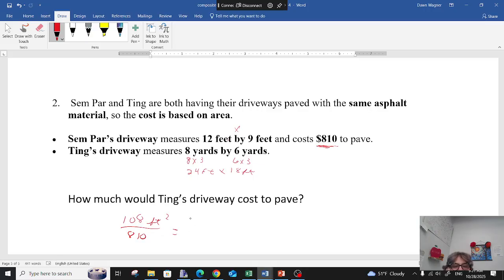Ting's, what's 24 times 18? 432 feet squared. And we're looking for the cost. So I'm going to cross multiply 108 feet squared equals, what's 810 times 432? That's a big number.